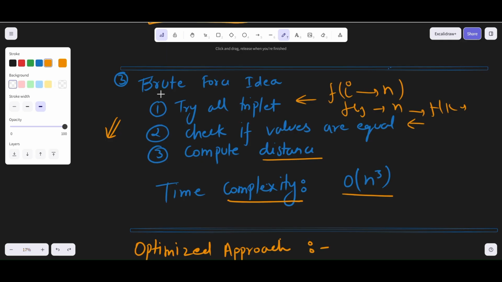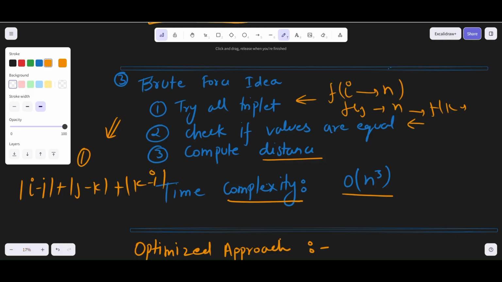How can we get from brute force to the optimal solution in an interview? First, we need to think about where we are doing unnecessary computation. The part is where we calculate the distance, which is absolute of i minus j plus j minus k plus k minus i. Here we have no idea how the absolute function will open.